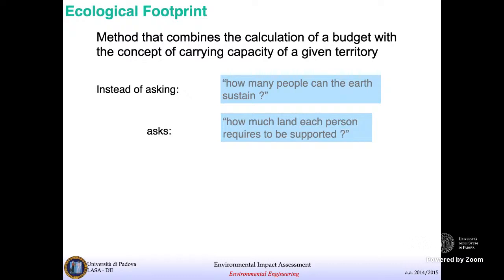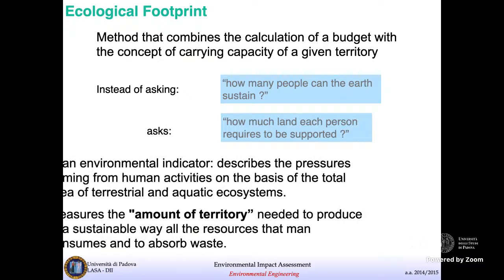You may understand that this evaluation is made in terms of energy needs, but also in terms of the capability of a system of receiving the waste produced by human activities.